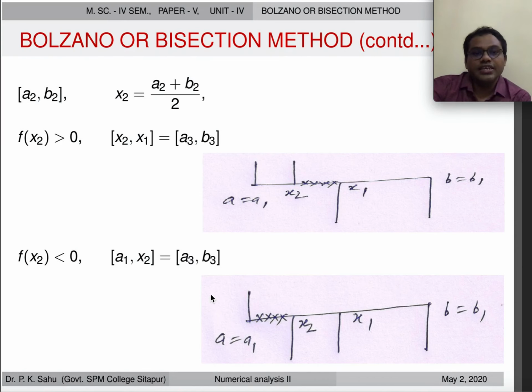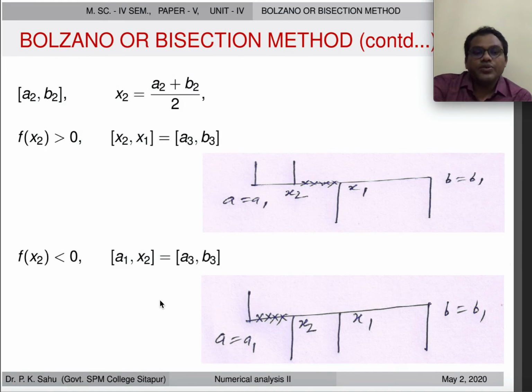Then in this case f(a1) times f(x2) is less than 0, so our root lies between the interval a1 and x2. In either case, we are able to determine an interval a3 b3 which encloses the root, and so on. We have to continue in this process.